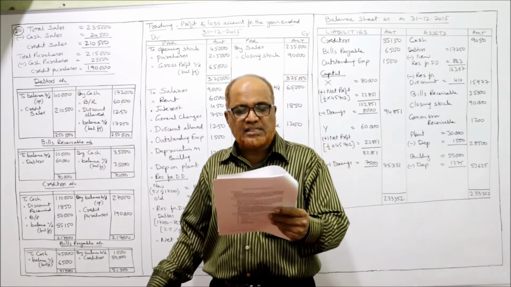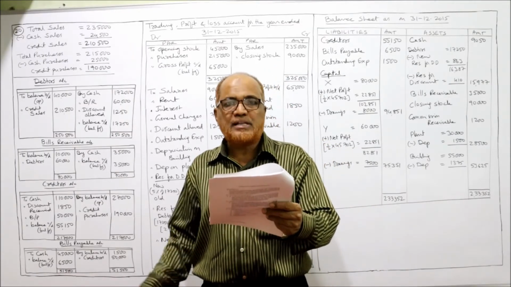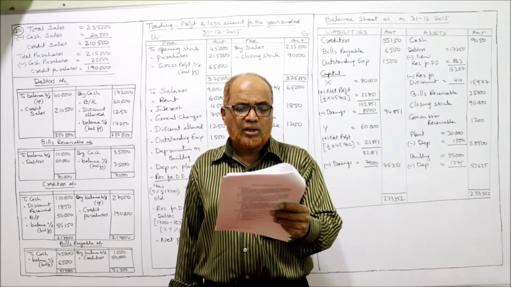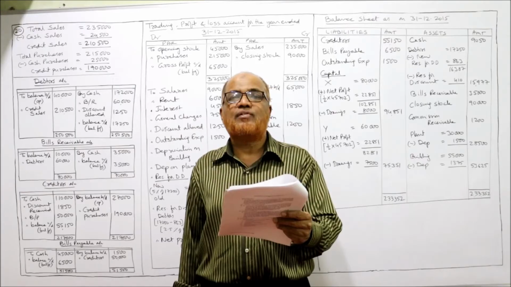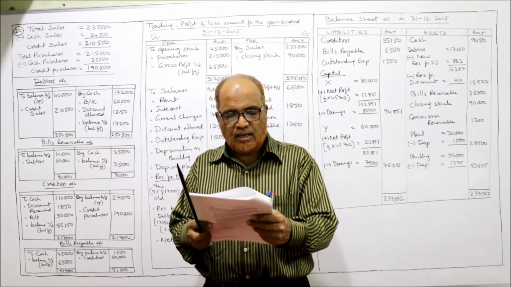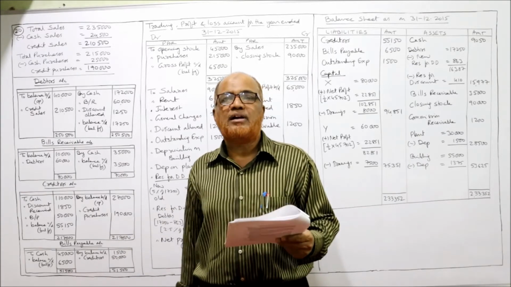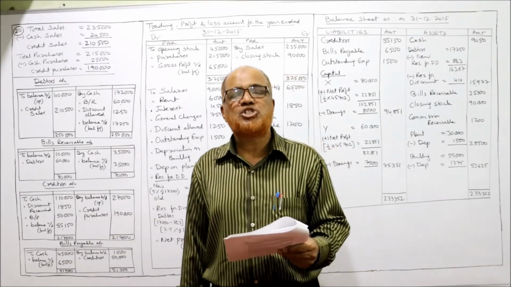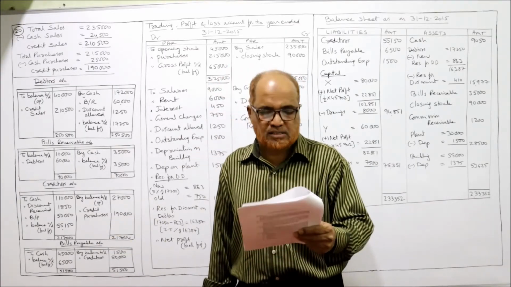Bills receivable received during the year 60,000. Bills payable granted during the year 50,000. Stock on 31st December 2015, closing stock. Then owing for outstanding liabilities, that means expenses due, outstanding expenses.